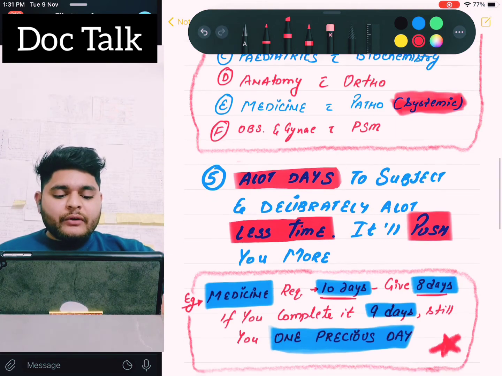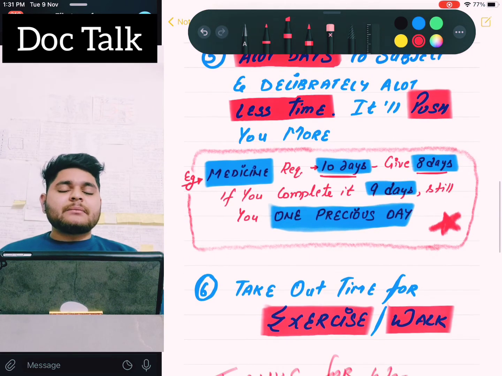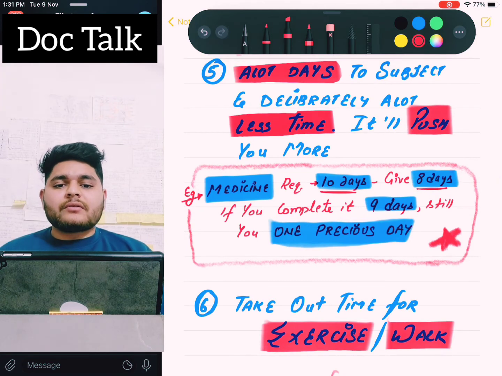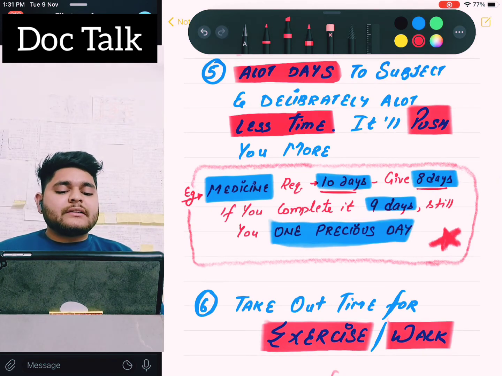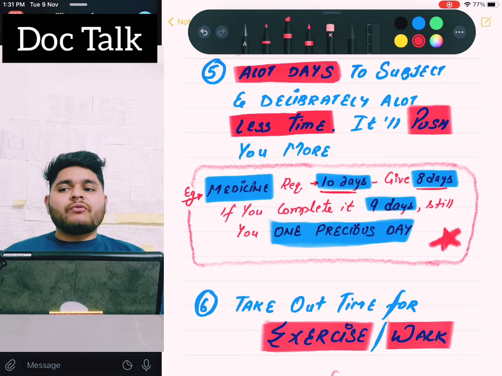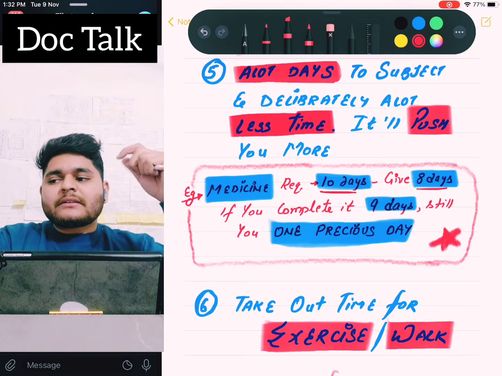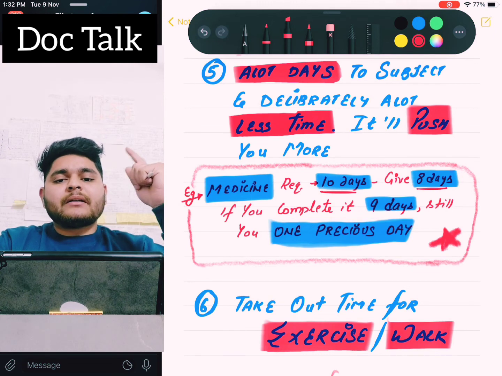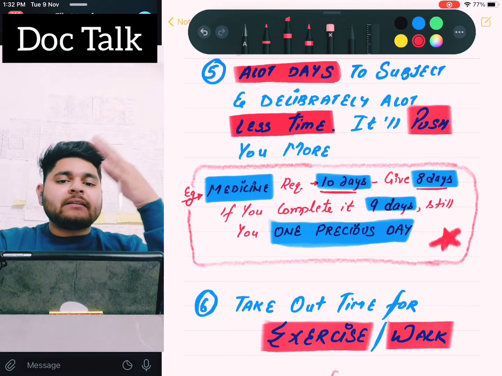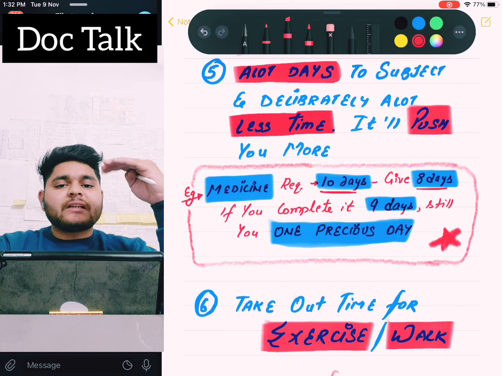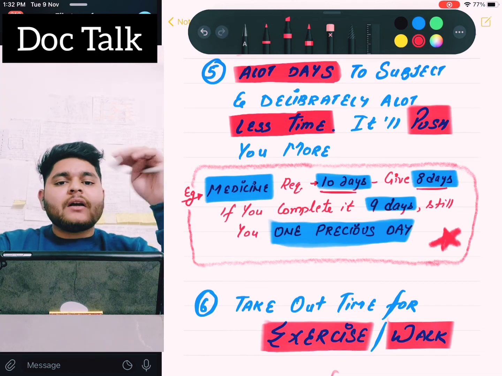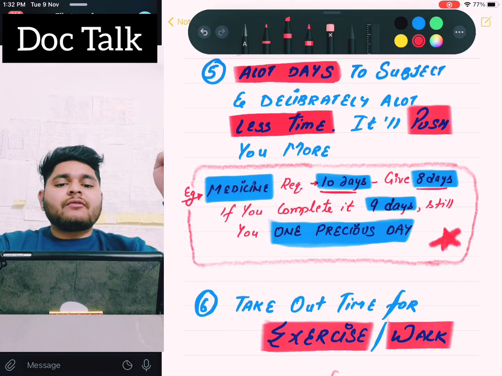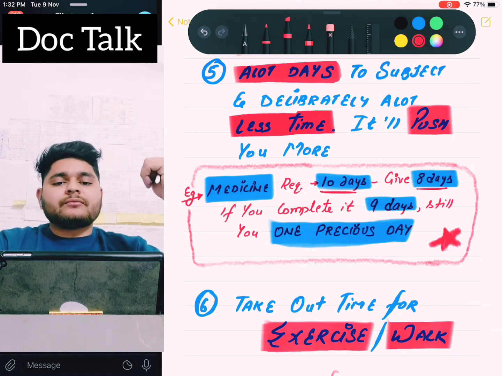Then take out time for exercise and walk. Now this is something everyone says but no one follows. Even I couldn't follow this one, because it looks like I'm wasting my time on exercise. But to be honest, I tried it in the initial days. It was very beneficial when the pressure on my mind was less. I used to take a 1 hour running session every day in my college when I was studying there.